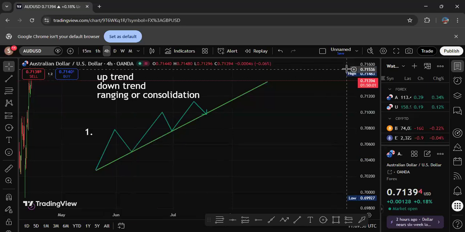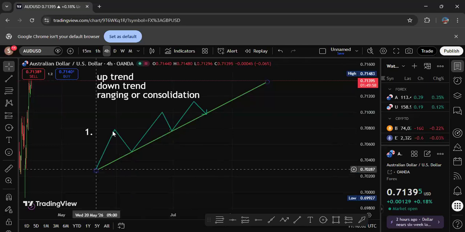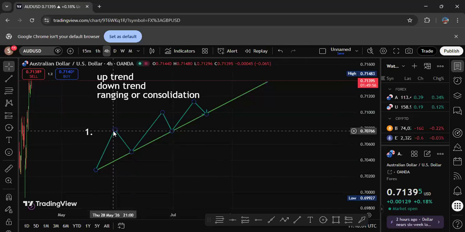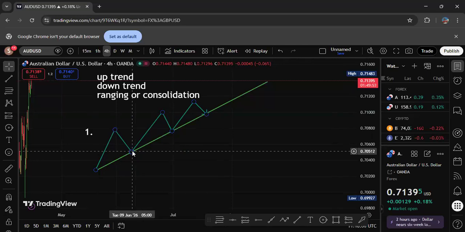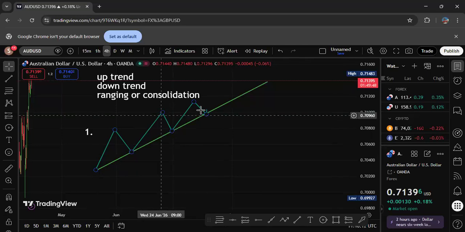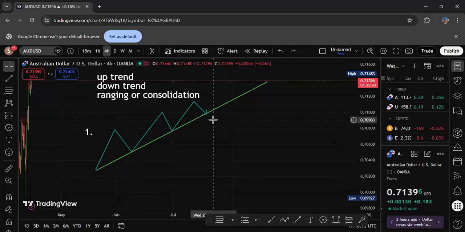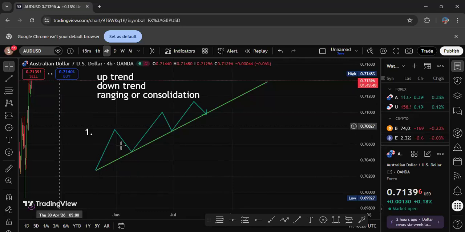So you can see this one now. This is a push up, then this is a retracement, or you call it a correctional. Push up, retracement, push up, retracement, push up, retracement. Okay, now let's see a live example of an uptrend.